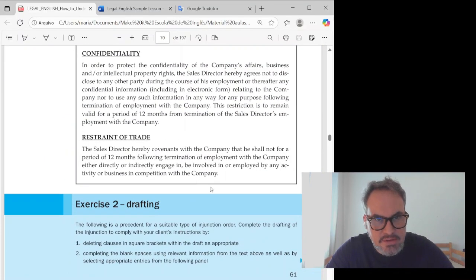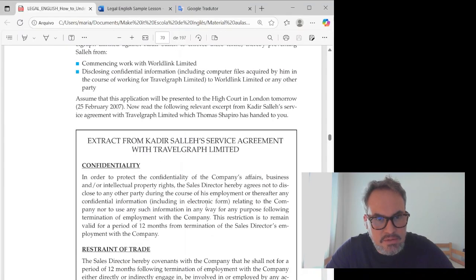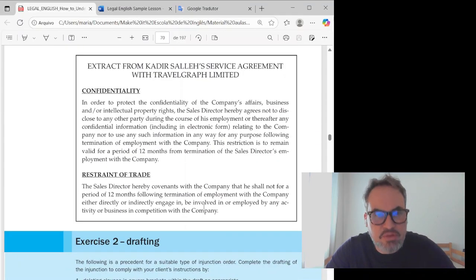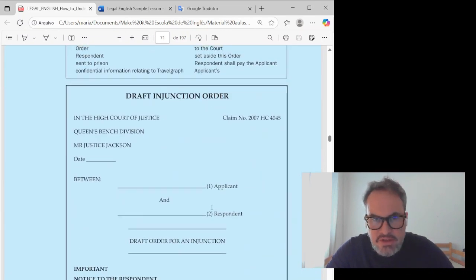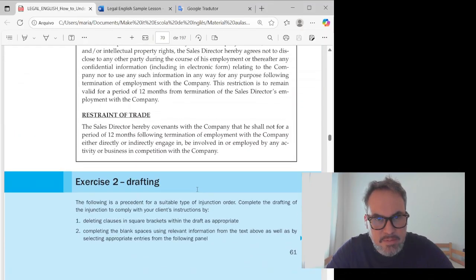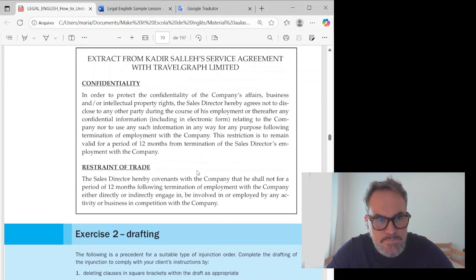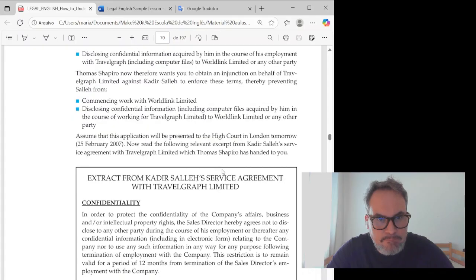Let's check. Forgot the name of the company. Travel Graph Limited. The respondent, his name is not Thomas Shapiro. The guy is Kadir Saleh. Okay.